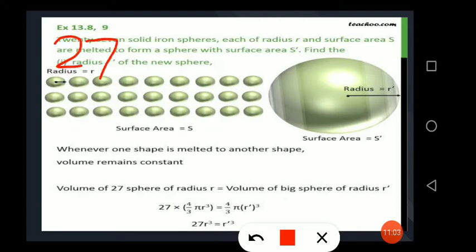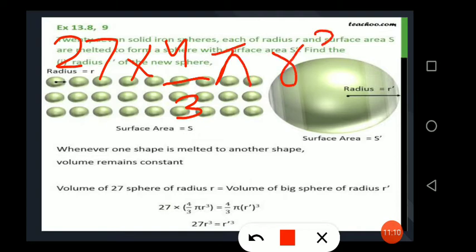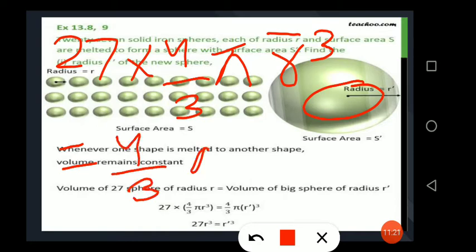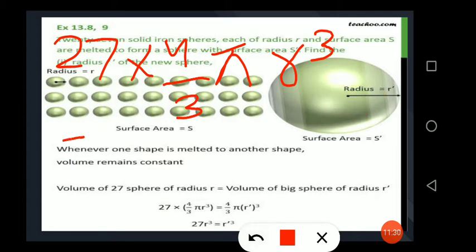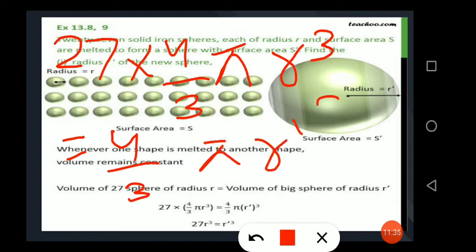So 27 into 4 by 3 pi r cube, because we know that its radius is r, and this is equal to volume of this big sphere. What is the volume of this big sphere? 4 by 3 pi r dash cube.